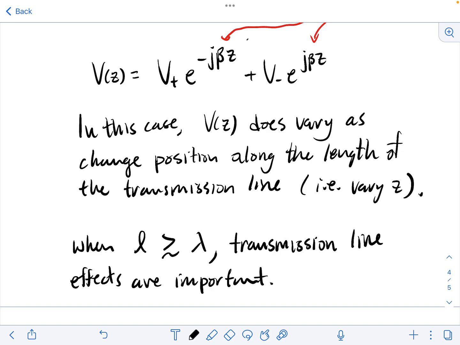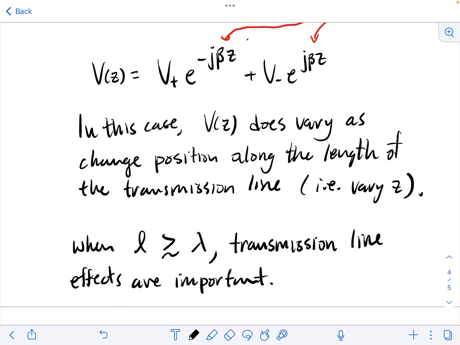Okay, good. I guess the other case where these are important is you could go to low frequency, but also work with transmission lines that are very long. So, for example, the hydroelectric poles that deliver power to our homes use kilometers of length of parallel conductors strung up on these poles or buried underground.